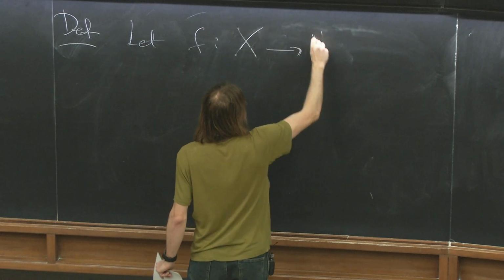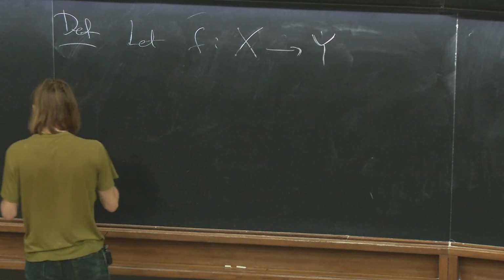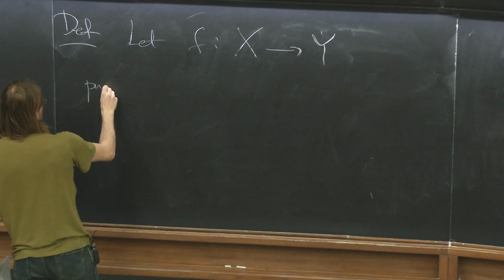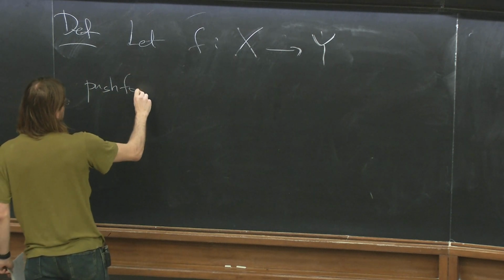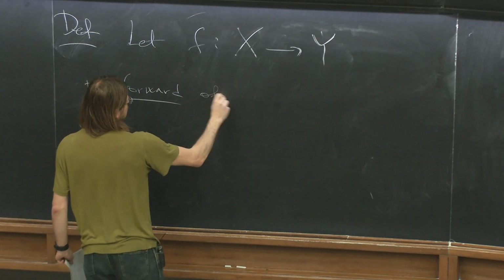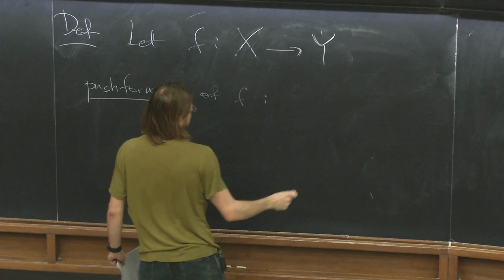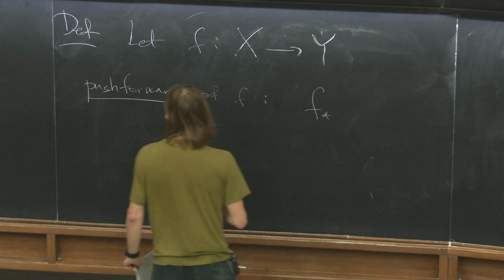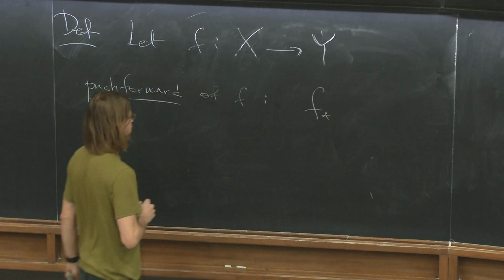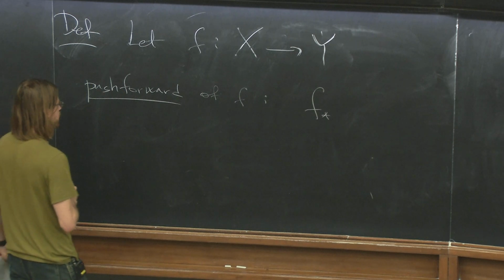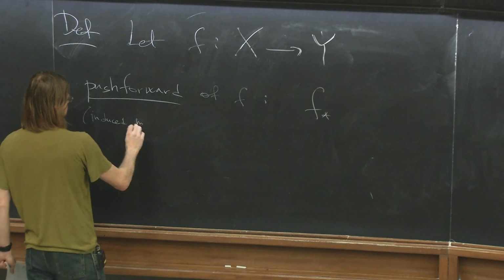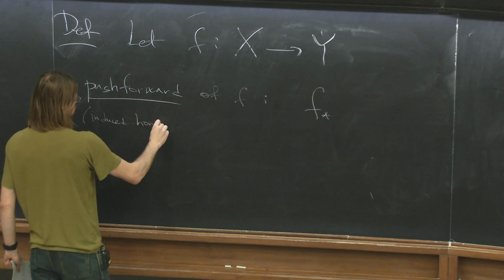Given a map F from X to Y, we define what we also call the push forward map, the push forward of F. So the name is again the same as for the fundamental group, and the notation will also be the same, just a star at the bottom. You can also call it the induced map, or induced homomorphism.